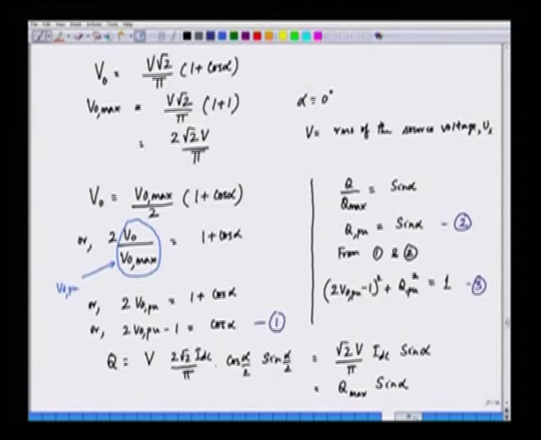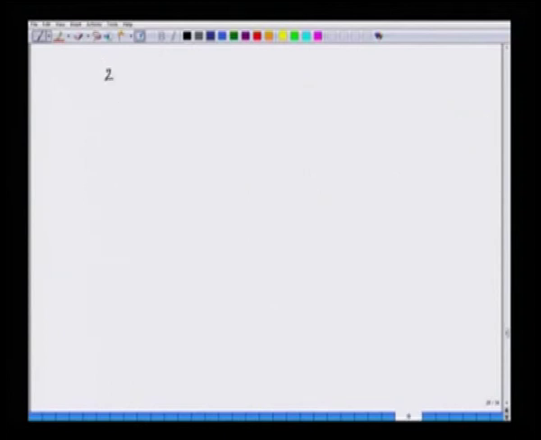So, we can plot this equation 3 as follows. We can again rewrite this equation 3: 2 V naught per unit minus 1 whole square plus q per unit whole square is equal to 1. So, we can draw this graph.